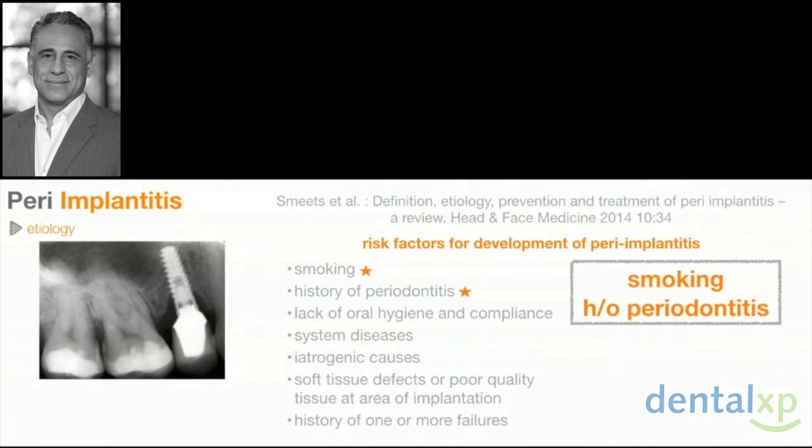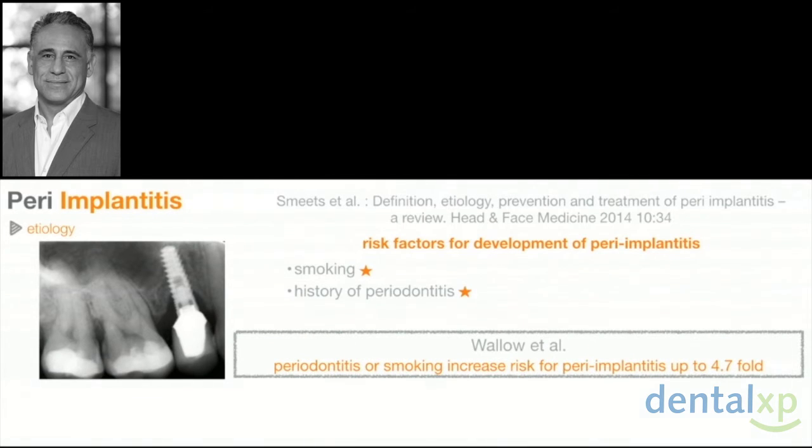What's interesting is that smoking and history of periodontitis seem to be the most prevalent reasons for the development of peri-implantitis, and this was also reported by Wallow, looking at the influence of smoking and periodontal disease, that it can increase the risk by up to 4 to 4.7 fold.